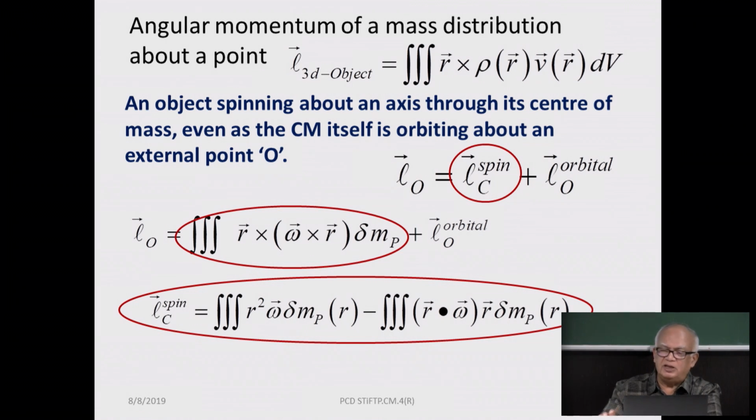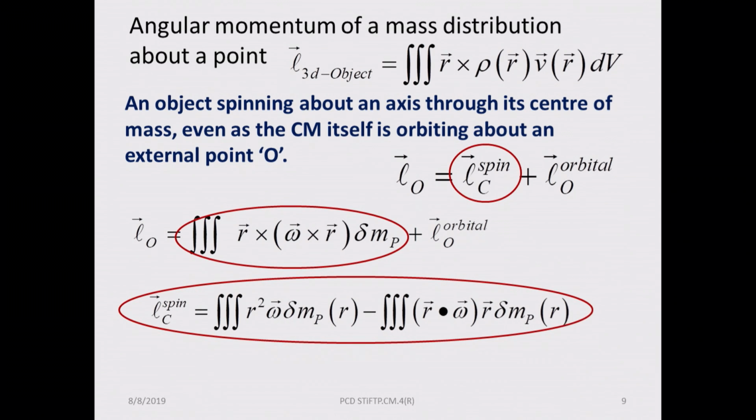But at this point, I would like to alert you that you should be very careful in carrying these ideas into quantum mechanics. In quantum mechanics, you do not even use the position and momentum together. They are not measurable. So the question of using r cross p to define angular momentum does not arise. Angular momentum has to be defined in a very careful and different way in quantum mechanics.